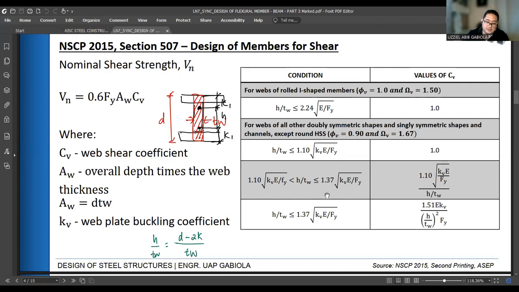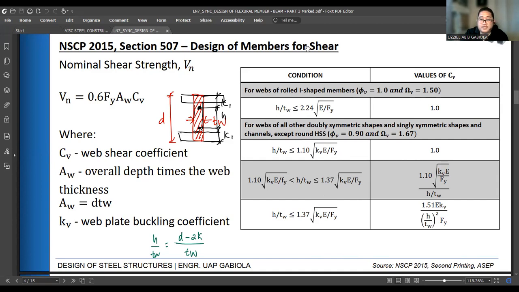So, i-follow natin yung value dito. Okay? So, sulat ko lang yung mga formula. Kailangan natin nung 1.10 square root of kv E over Fy, and then we need yung 1.37 square root of kv E over Fy. Okay.